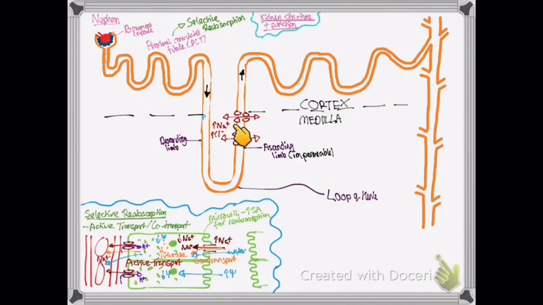So we end up getting a high concentration of sodium and chloride in our medulla. So as the tubular fluid moves down the descending limb, it starts with a high water potential here. High water potential in the tubule. Then it meets this low water potential in the medulla.